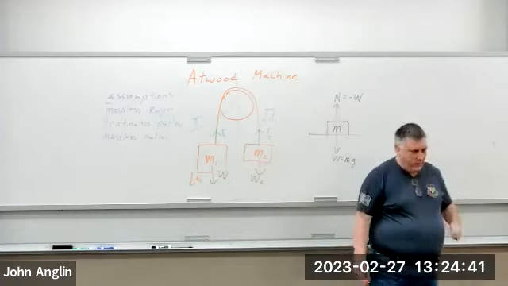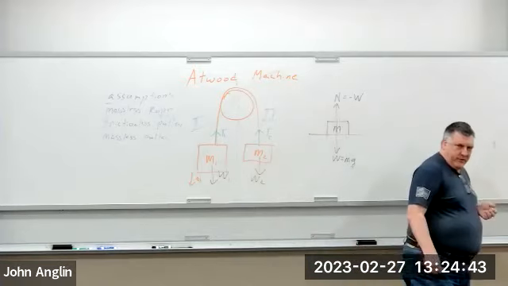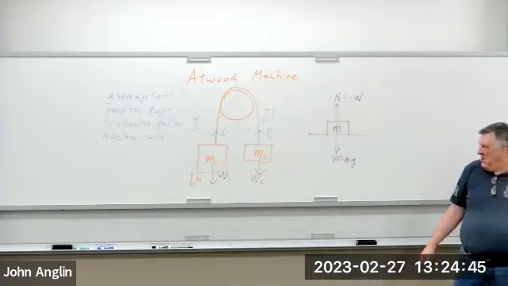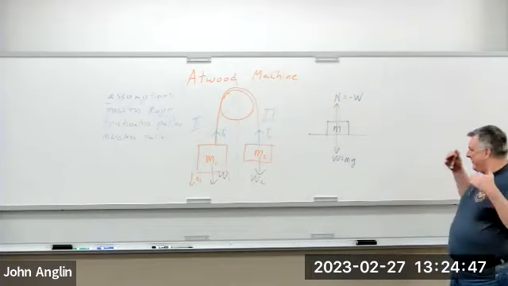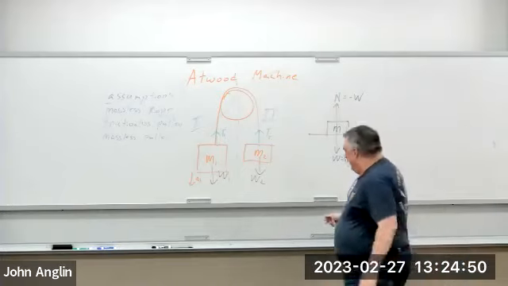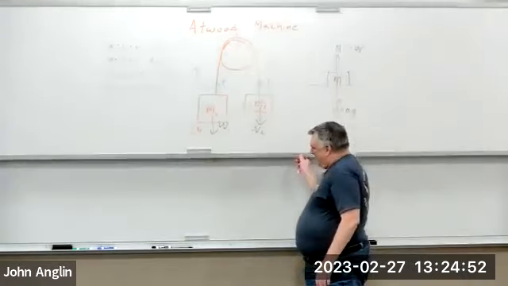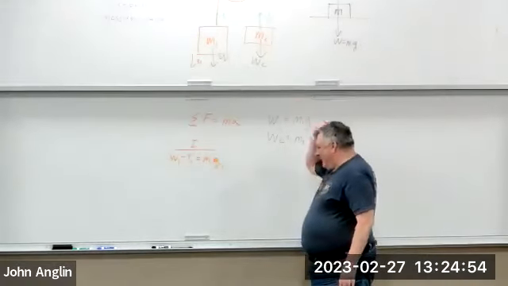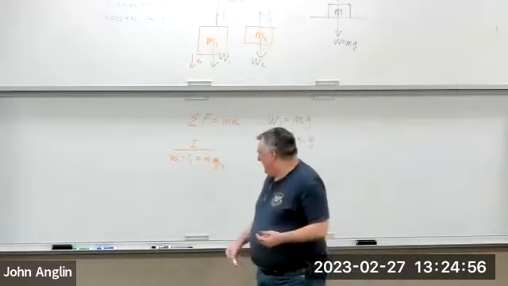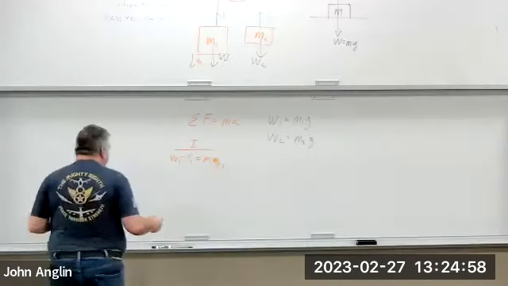We'll get to that in a little while, particularly when we start talking about energy. But for now, this is just a simple pulley. We've got a rope, we've got some masses. One mass is pulling down, which means the other one is going to go up.